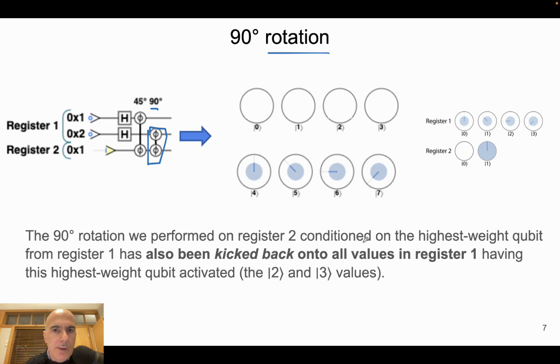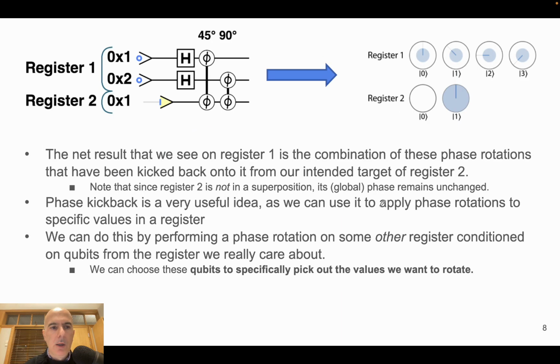By applying this C phase operation, at this point we affect only the values 2 and 3, and these are rotated by a 90 degree rotation. The net result that we see in register 1 is the combination of the phase rotations that have been kicked back from our target into the control register.